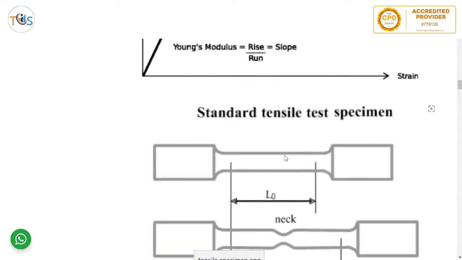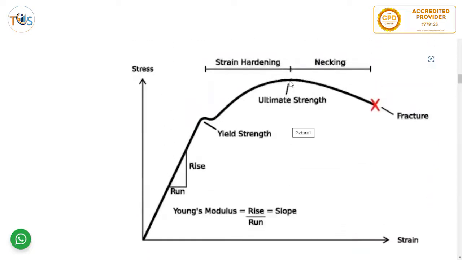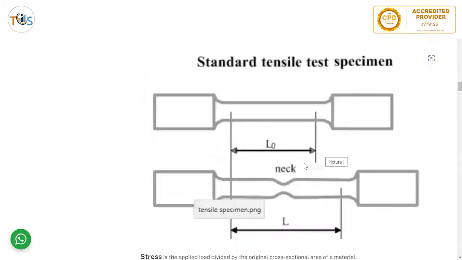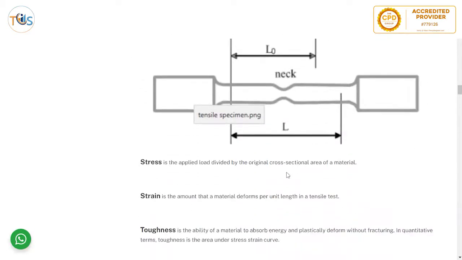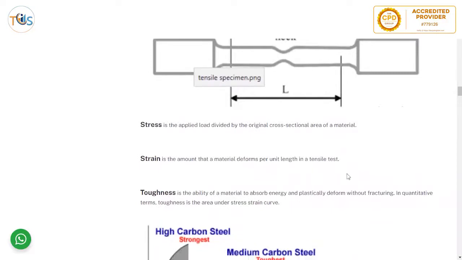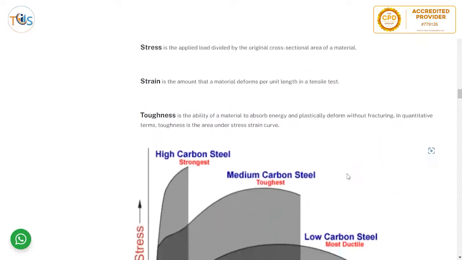So this necking is actually this point here. This area where the necking starts, to a point where it totally breaks down, and that is the ultimate. The stress is the applied load divided by the original cross-section area of a material. Strain is the amount that the material deforms per unit length in a tensile test.